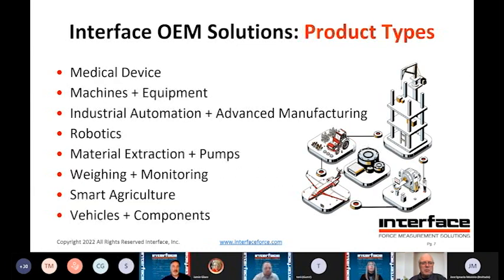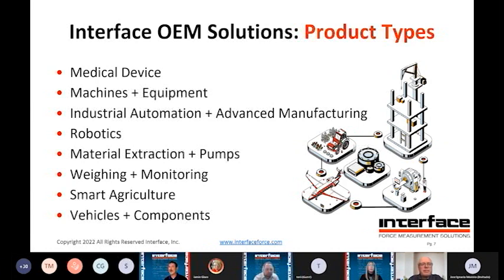Okay, the different types of products that we commonly see. In some of these OEM markets, medical devices, we've got fluid management or surgical robotic assistance. A lot of our miniature load cells, bending beams, miniature beams, MBPs, MBIs, load buttons are commonly used sensors in these. As we go through this, we've got some application notes to review at the end, and we'll cover the different types of sensors there as well.